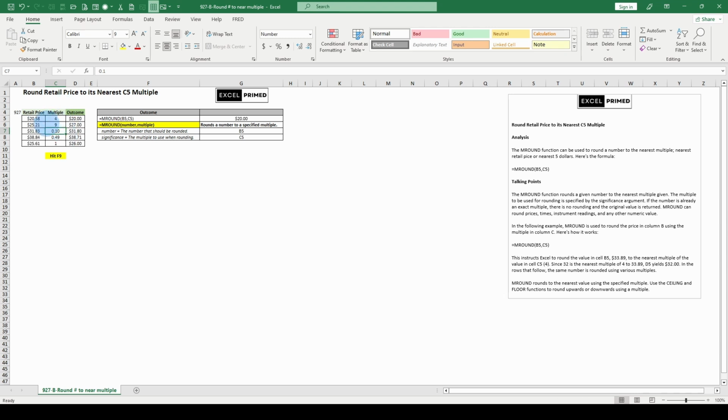All right, so I guess 31.85, it's going to go up to 31.90. 31.84999 is going to go down to 31.80. So 62.47 is going to go up to 62.75. There's that middle point, and it went up. So it could be 0.75001, and then it rounds up.